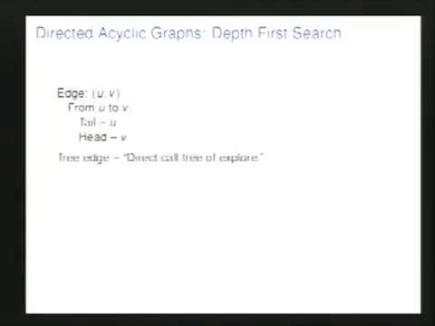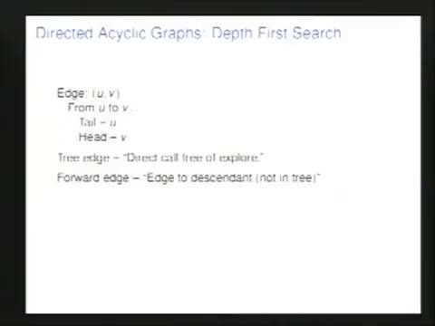Okay, so now the directed acyclic graphs. What are directed acyclic graphs? Well, actually, instead of talking about directed, let's just go over this one more time. A tree edge is a direct call.